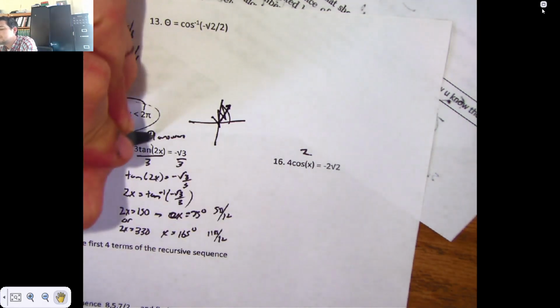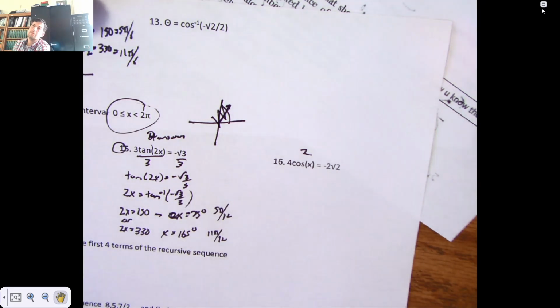There may not be more than one answer. Oh, this is the tangent function. Sorry, that only works for cosine and sine. It only had two answers. Nope, nope, nope. There's four answers. It took me a second.